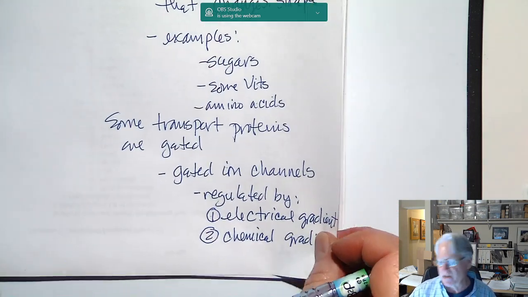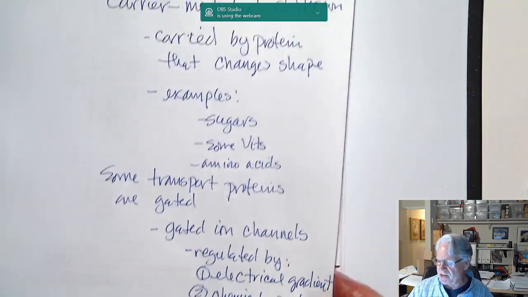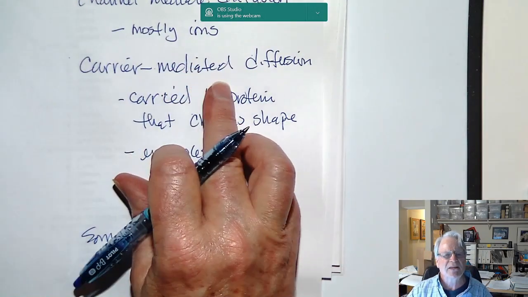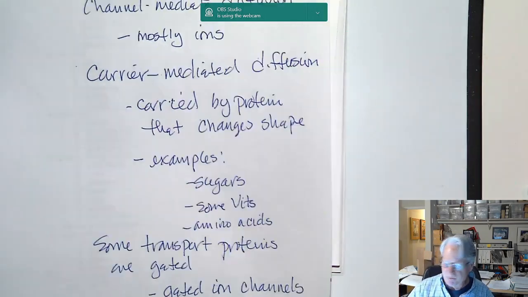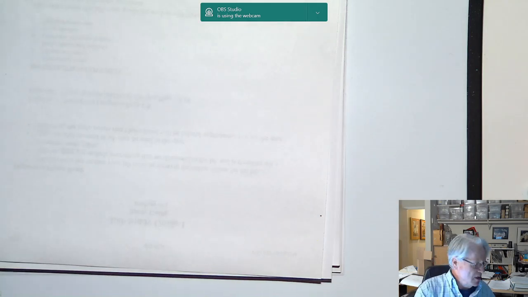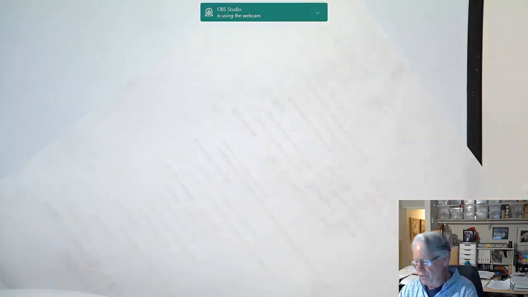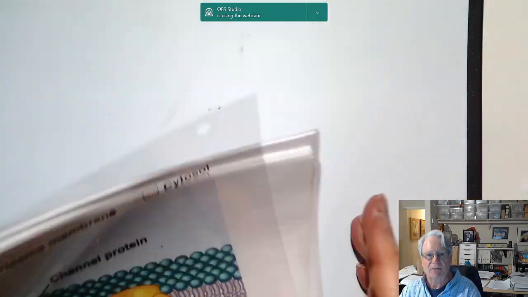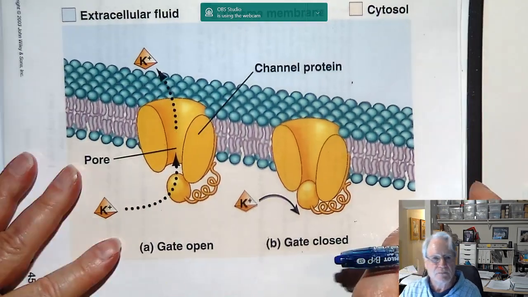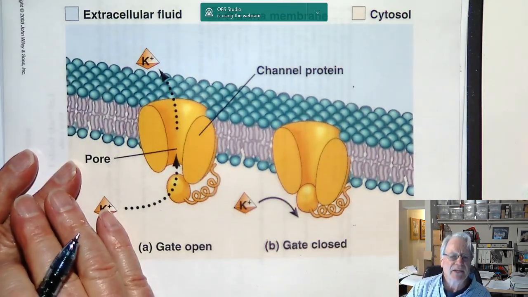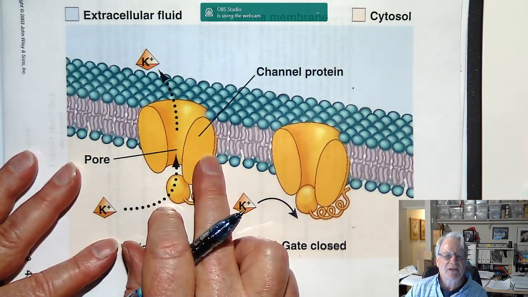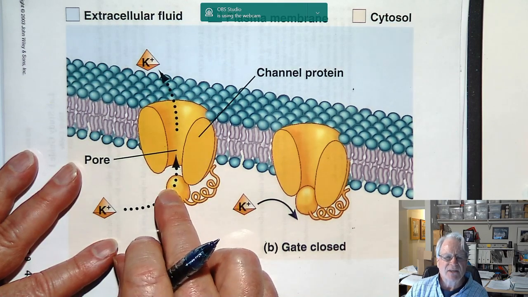So gated ion channels are a part of carrier-mediated diffusion. They're a special type of protein that has a gate attached, as the name implies. Here's a good example. I've got my membrane, here's the carrier protein, and there is the gate.